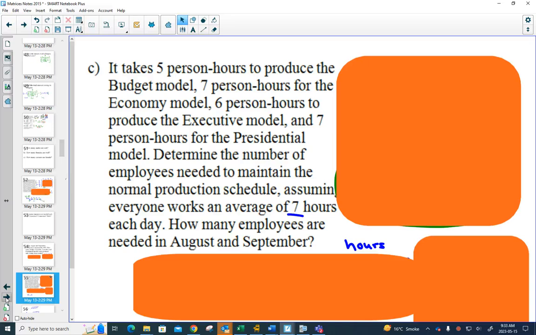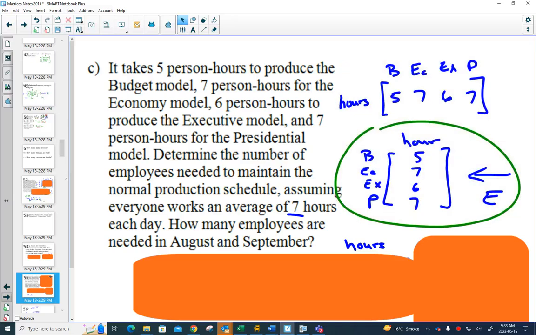How many employees are needed in August and September? So again, we look at the matrices that we have. We have an option here. We could make the hours that it takes to do each of them with the beep across the top, or the beep as a column.